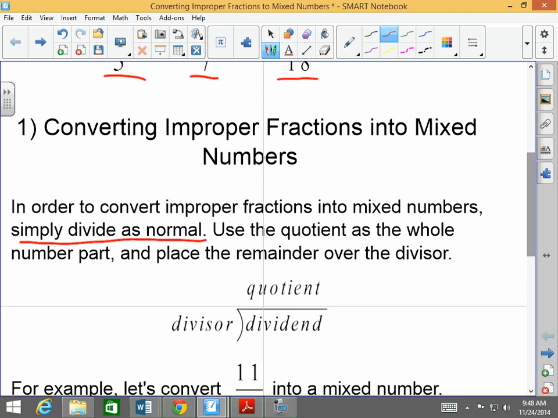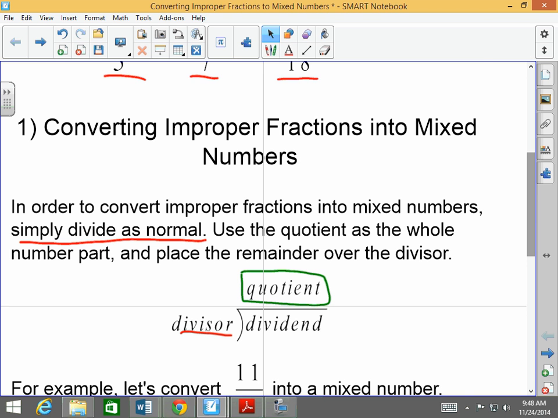I wanted to show you what those names meant again, okay? Remember that the number on the outside, that's the divisor. The answer to a division problem is called a quotient. And the inside number is a dividend. Okay? And you know what a remainder is already.